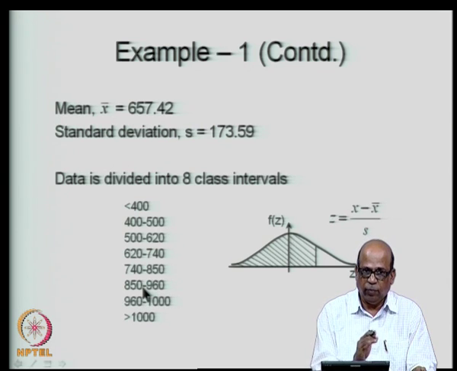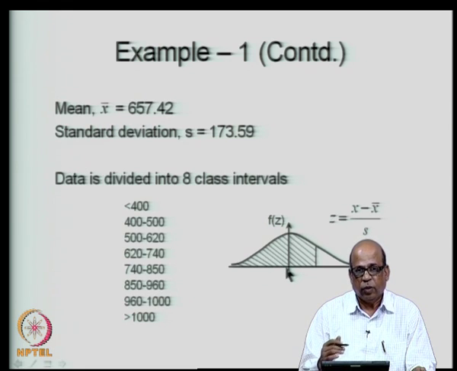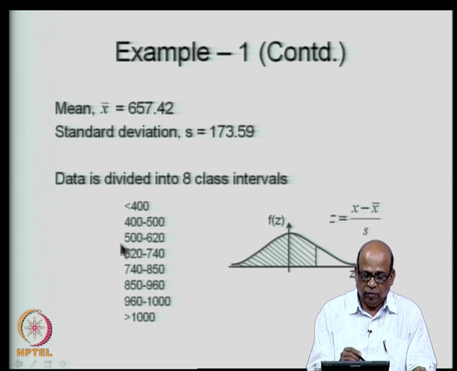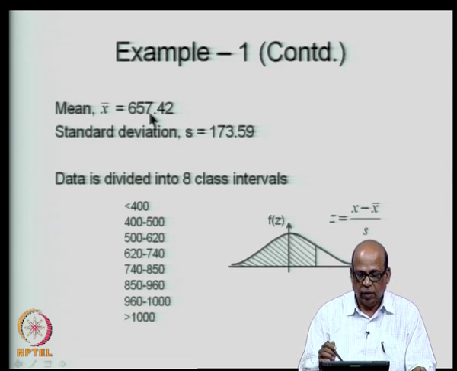Now, from the theoretical distribution, we must get the expected relative frequency of these class intervals. If we randomly select a value from a distribution having these parameters, we must know how many times that random variable can take values between 400 to 500, how many times from 500 to 620, and so on.